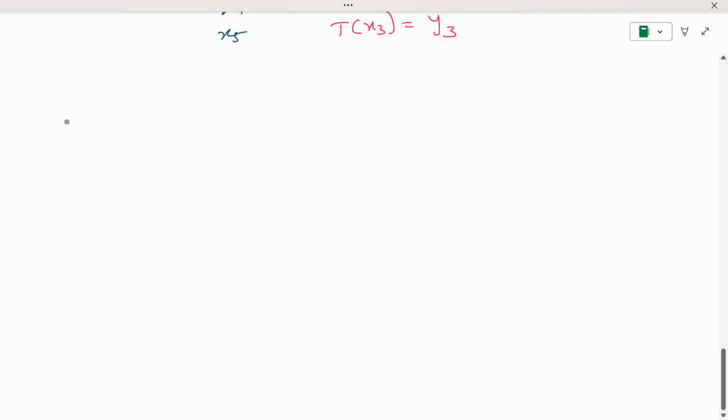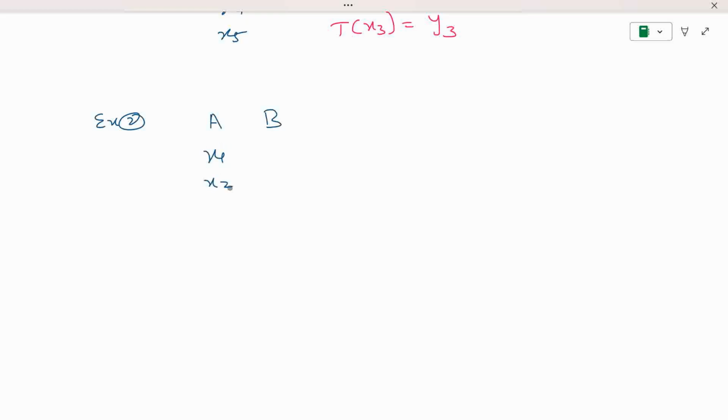Let's look at example 2. We have two sets where the function is giving a relation between the elements of the two sets like this.